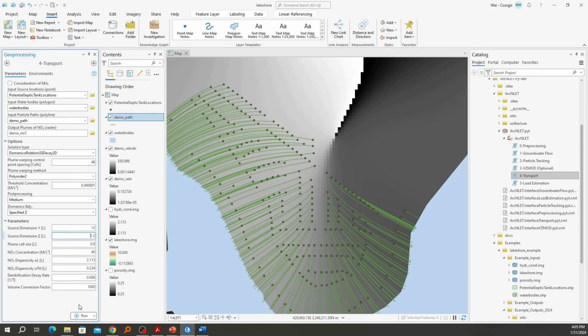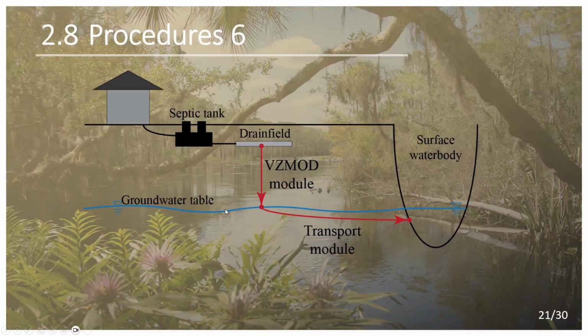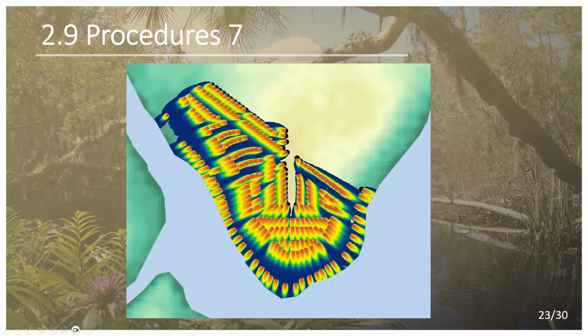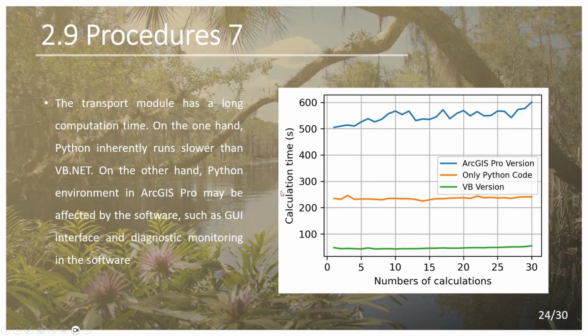I won't click run here because our code can't run very fast currently compared to our old version. Let's go back to our PowerPoint. This is the results, and I ran the old version of the code written in Visual Basic .NET, and the Python version, and the tool in ArcGIS Pro 30 times each, and this figure shows how long they took each time.